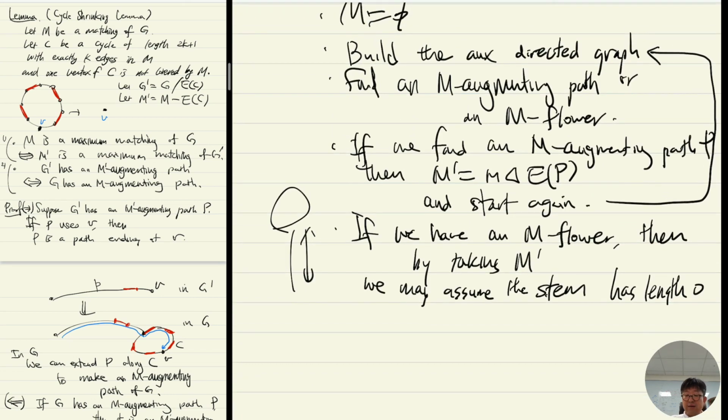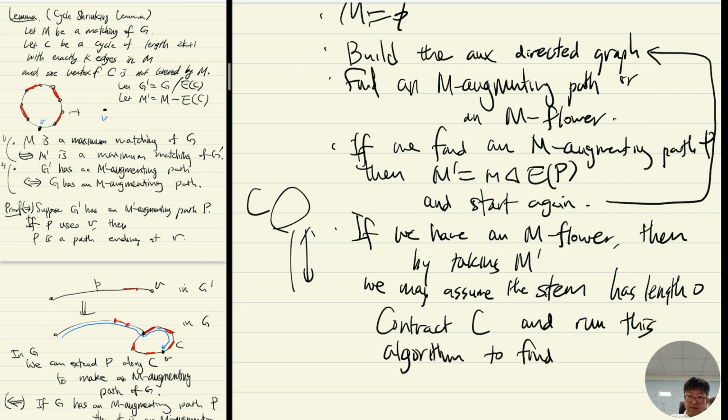Once we do that, then contract C and run this algorithm to find the M prime augmenting path.